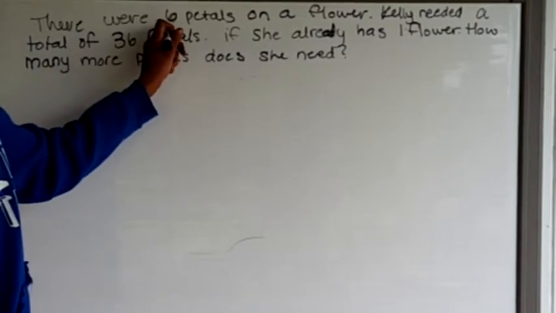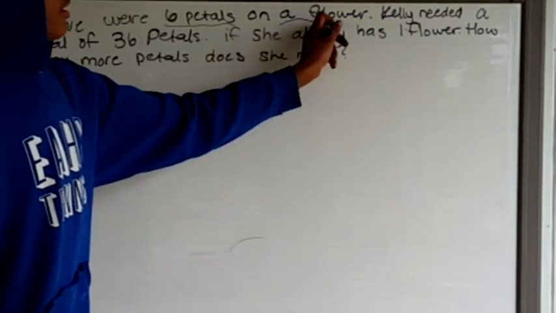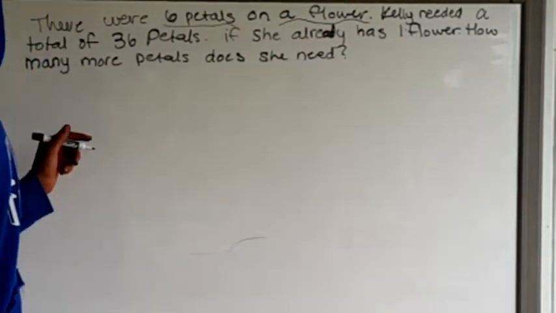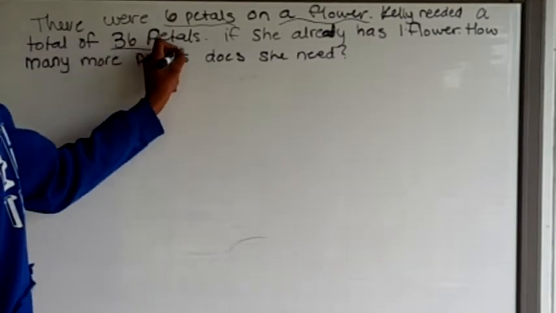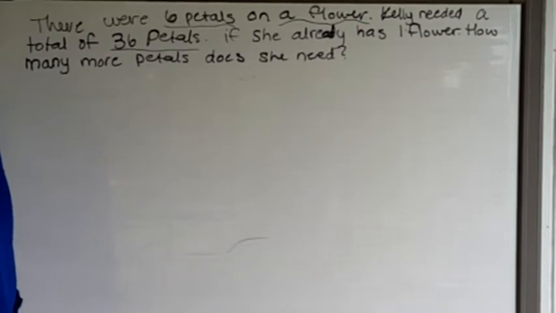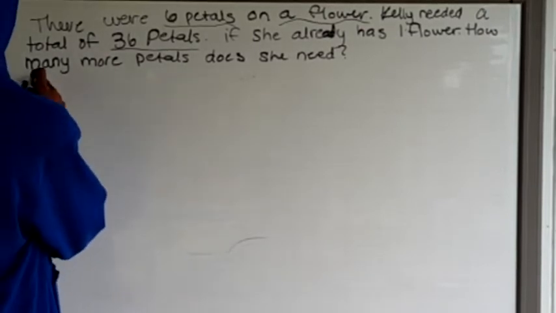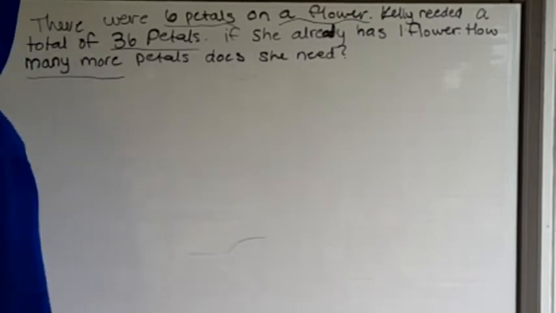She has 6 petals on a flower. She needed a total of 36 petals. If she already has 1 flower, how many more does she need?